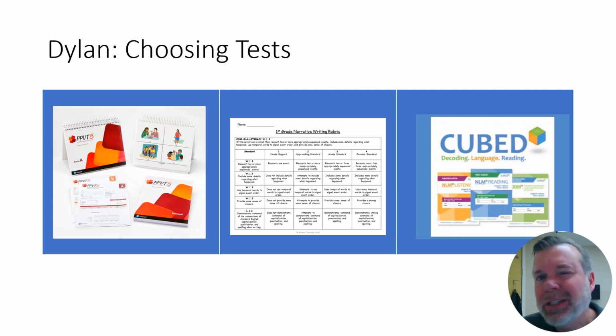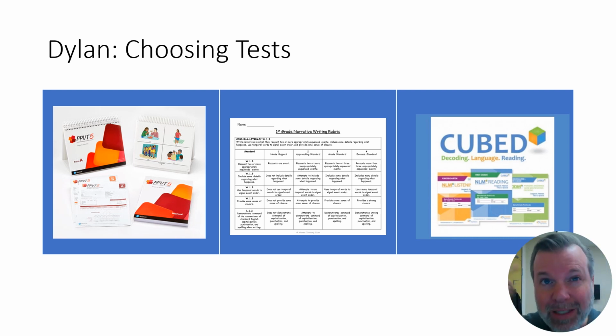It doesn't quite open the door as much to building that relationship, providing curriculum-based instruction, really working on skills that are directly related to what Dylan's doing in the classroom. So any of these three could be administered. I would argue that two would be really nice assessments to round out Dylan's assessment. And I could be persuaded either way, of either using the classroom rubric or the CUBED.